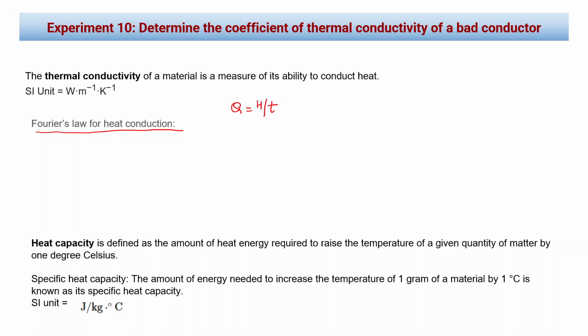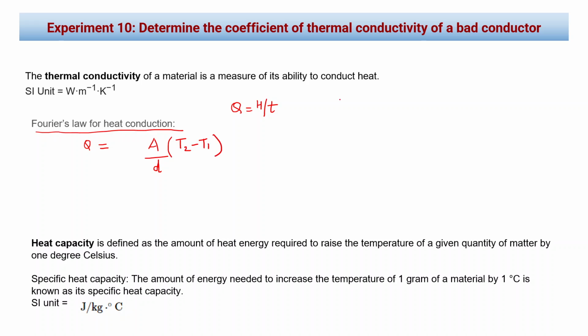According to Fourier's law, the rate of heat transfer is proportional to the area of cross section of the material that we are considering here, inversely proportional to the thickness of the material, if thickness I represent by small d, and proportional to the temperature difference.